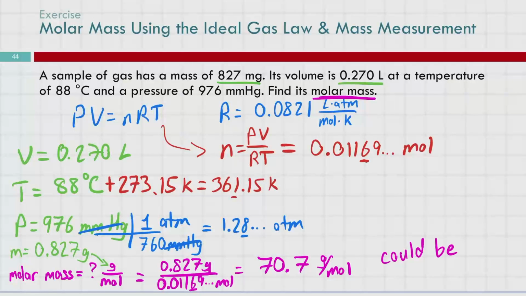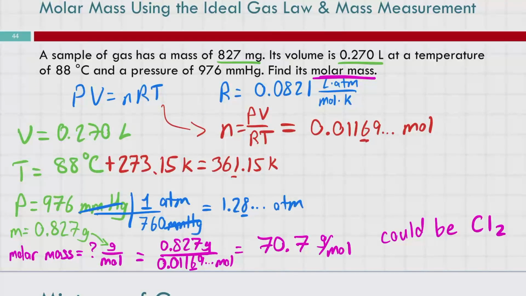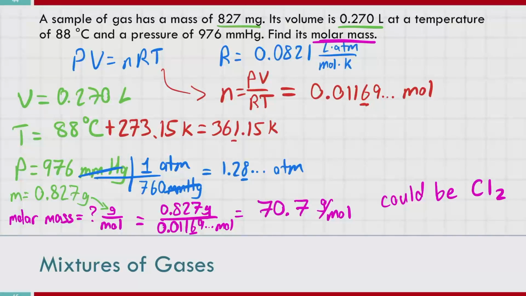Could be chlorine. Chlorine's got a molar mass of 35.45, but it's Cl2. Cl2 would have a molar mass of 70.90, which is relatively close to what we've got here. It's just off by a couple percent. Questions about all that?